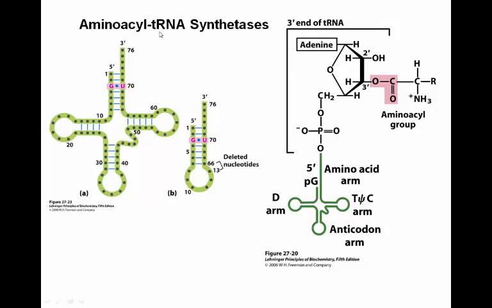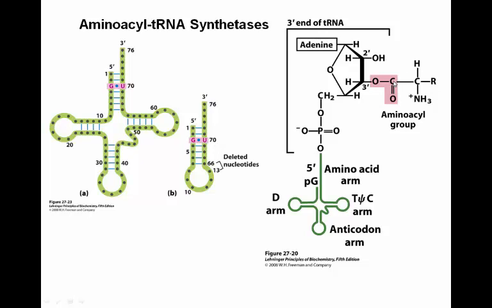It's aminoacyl tRNA synthetases. These are the enzymes that add the amino acid to the 3' end. So here's our cloverleaf-shaped 2-dimensional tRNA. We have a CCA. Here's the phosphodiester bond between the C and the A. Here's the 3', what was the 3' OH, and aminoacyl tRNA synthetases make ester bonds between the alpha carboxyl group of the amino acid.